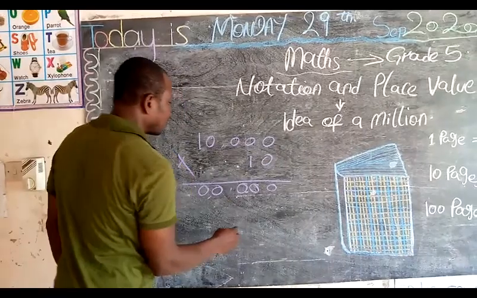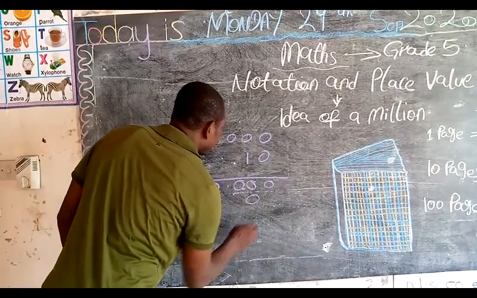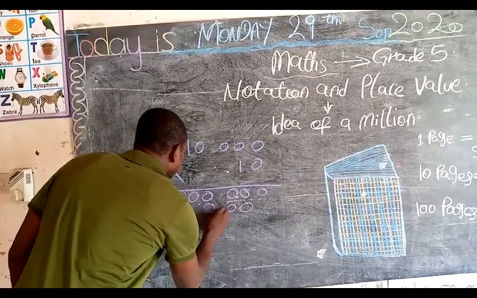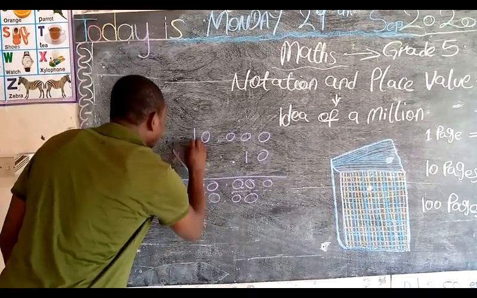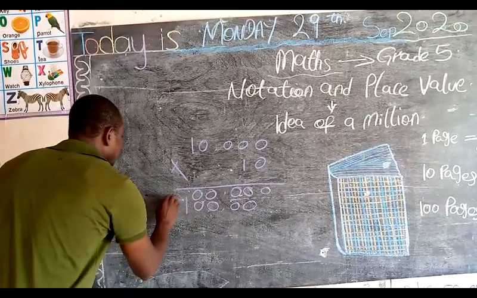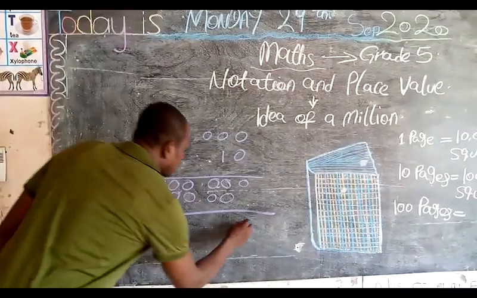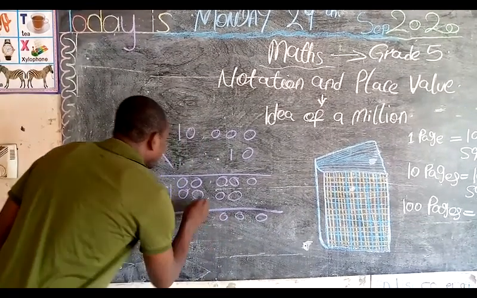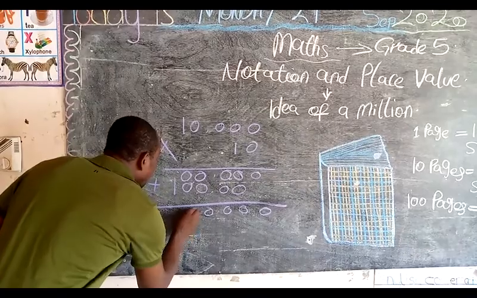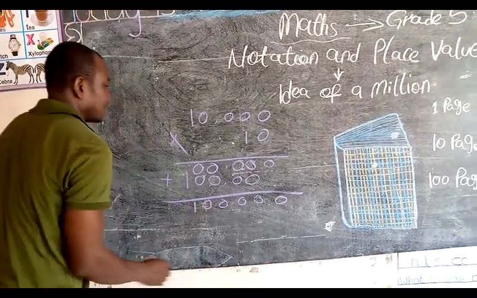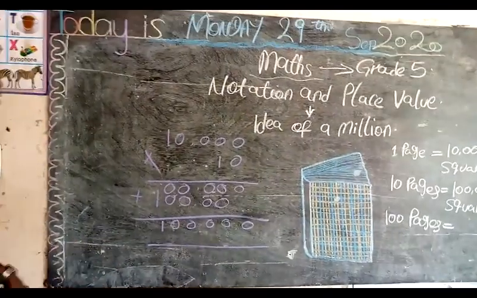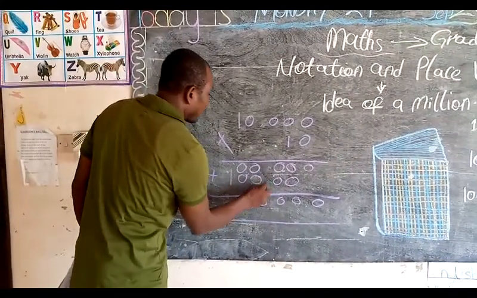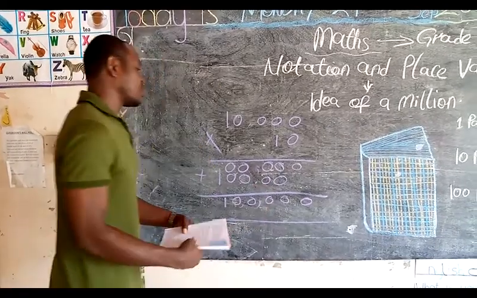Now 1 times 0 is 0, 1 times 0 is 0, 1 times 0 is 0, 1 times 0 is 0, 1 times 1 is 1. Then we do our addition: 0 plus 0 is 0, 0 plus 0 is 0, 0 plus 0 is 0, 0 plus 0 is 0, then we have 1 left. So you can see how we come about 100,000 small squares.